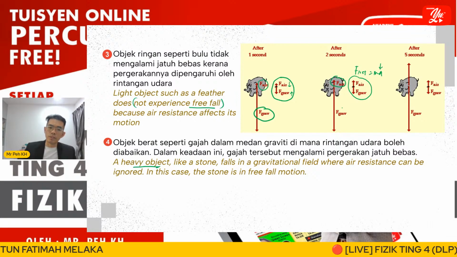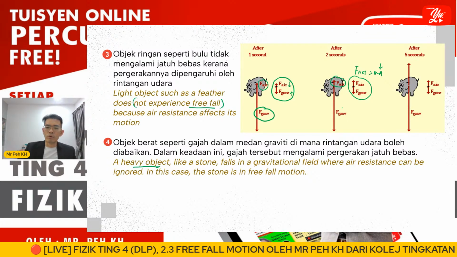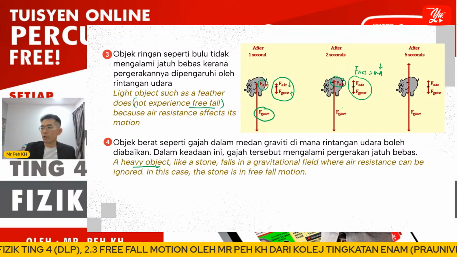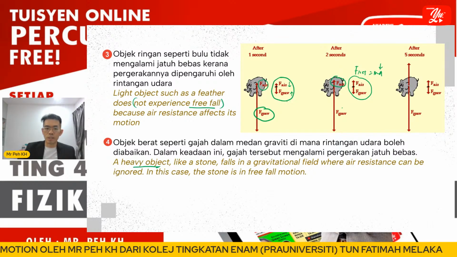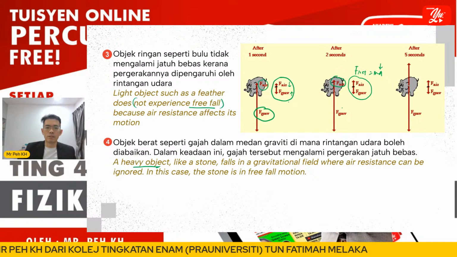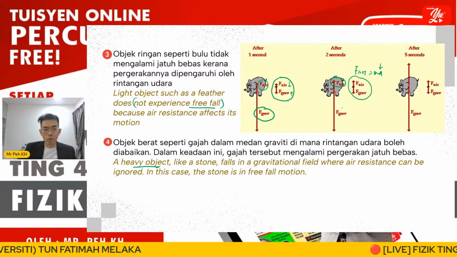In this case, for the heavy object, although the surface area is bigger, the overall air resistance will not have a significant impact on the net force. So we can say that the heavy object can be considered free fall in the atmosphere.